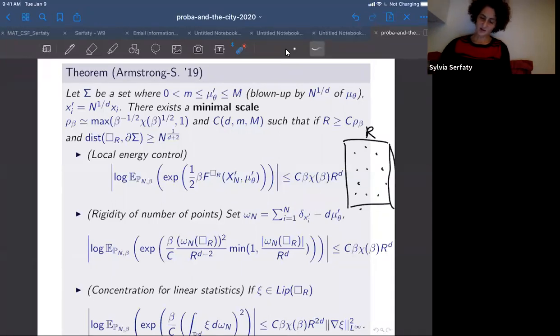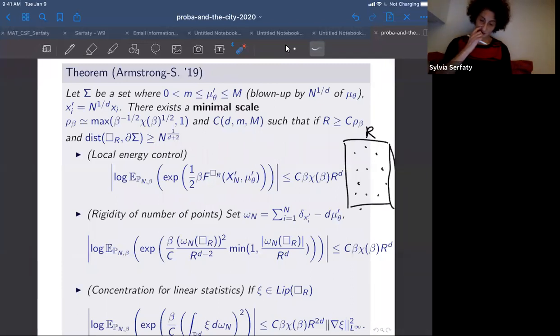Okay, so basically the good controls are going to happen all the way down to the microscale, but the microscale actually depends on beta a little bit. So when beta is very small, your minimal microscale blows up as beta gets very small.